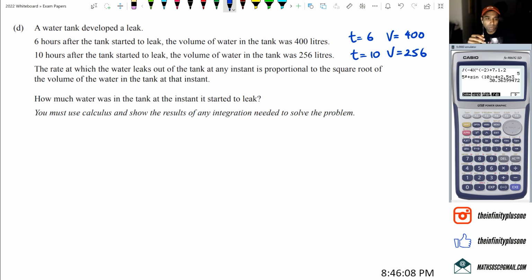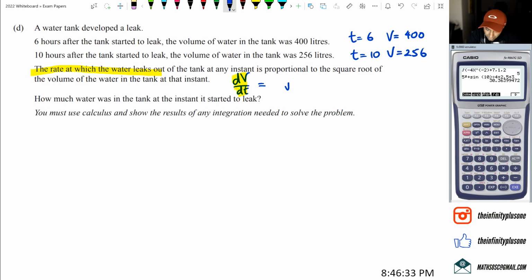Now the fourth bullet point says the rate at which the water leaks out. That first part, the rate at which the water leaks out, we can call dV/dt, because the volume is changing over time. It says it is proportional to the square root of the volume.